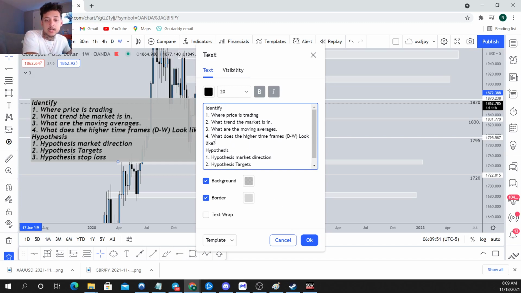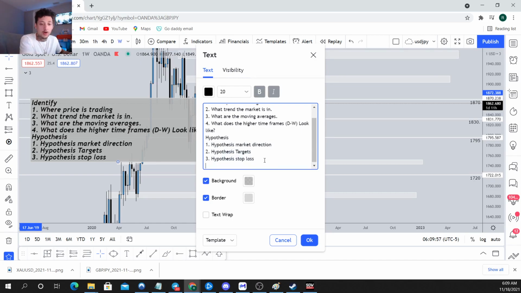We're going to hypothesize market direction. We're going to hypothesize targets. We're going to hypothesize stop loss. And then all we're simply going to do is execute after that. Right? It's as simple as that.